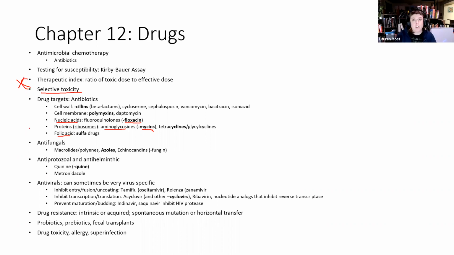So spontaneous mutation, again, just happening due to random mistakes in the genetic code. Some of them happen to be beneficial. Those ones that are beneficial, those bacteria are more likely to survive and pass those on to their, I won't say offspring, but whenever they duplicate, the resulting bacteria from that.